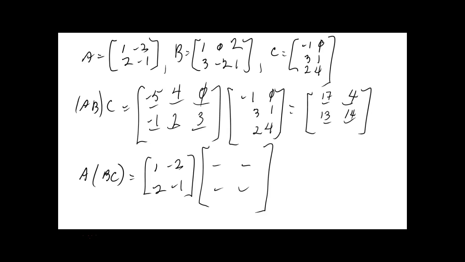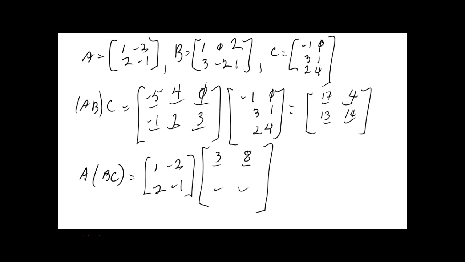-1, 0, 3. And then 0, 0, 8. Then -3, -9, 7, right? Oh, -6. You're adding as you go.